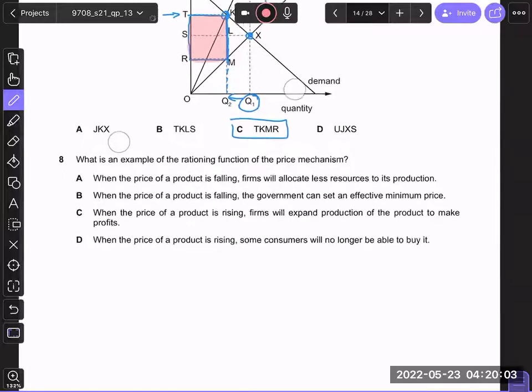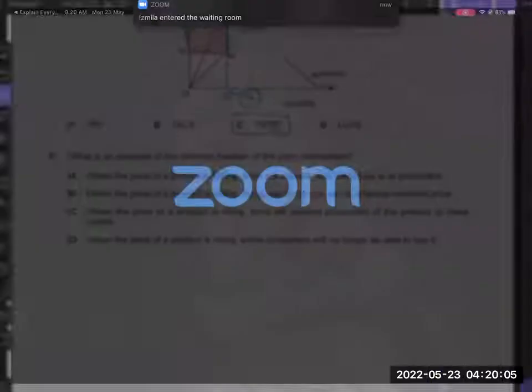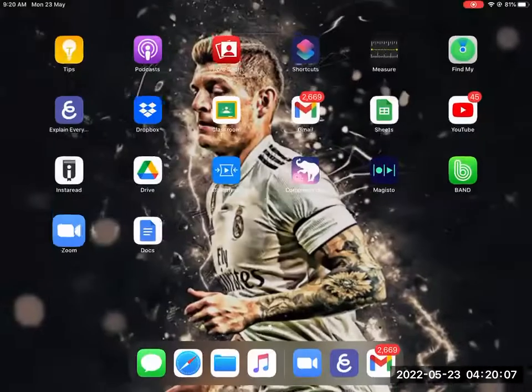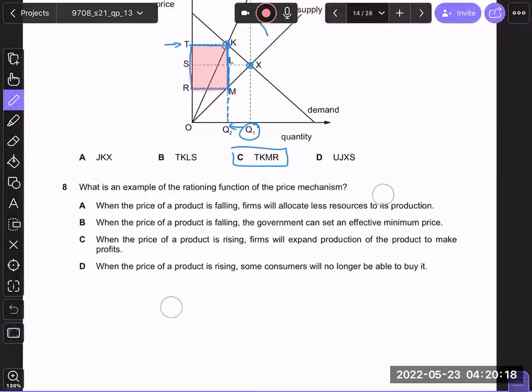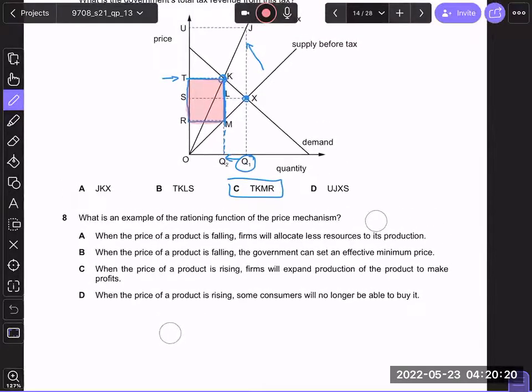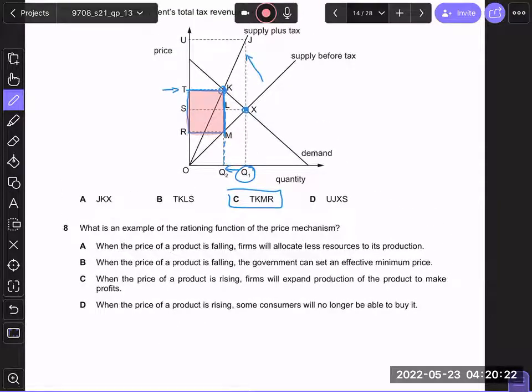What is an example of the rationing function of the price mechanism? You want me to go back to this question, or you want me to just wait in general?